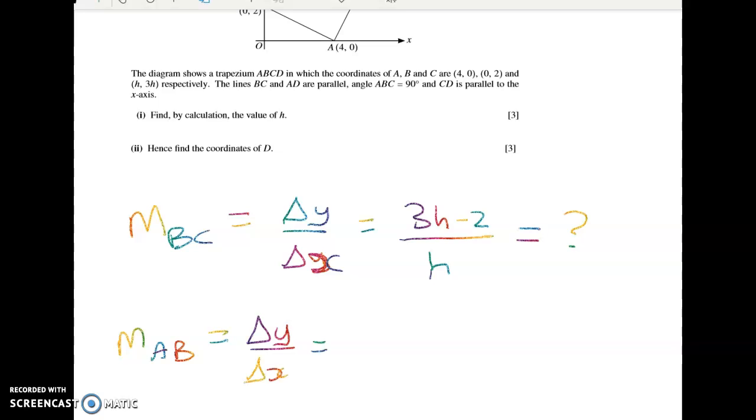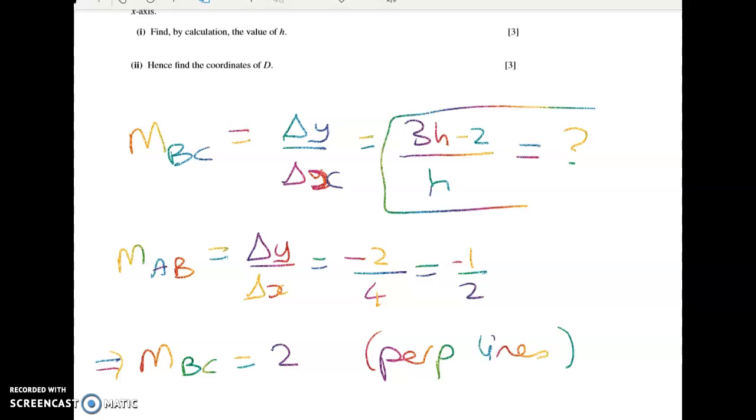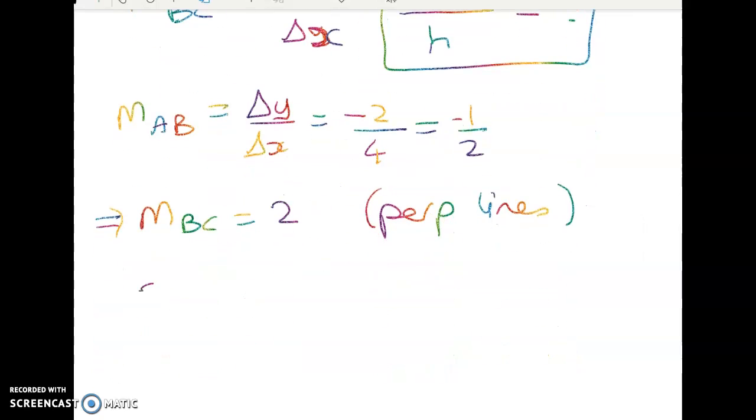And we can use numbers for that because we know the numbers for points A and B. So that's equal to -2 over 4, which is -1/2. That gives us the gradient of BC equaling 2 because they're perpendicular lines. So now we can go back up here and solve this equation. So we get (3h minus 2) over h is equal to 2.